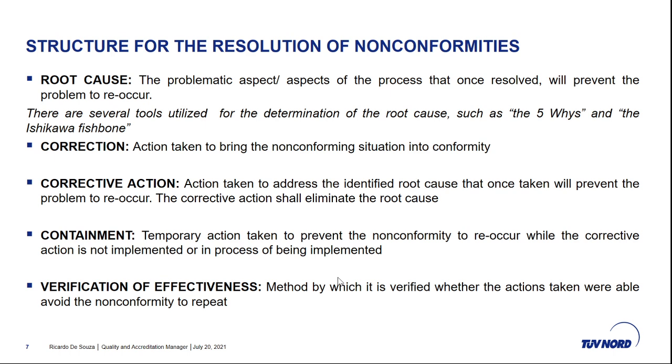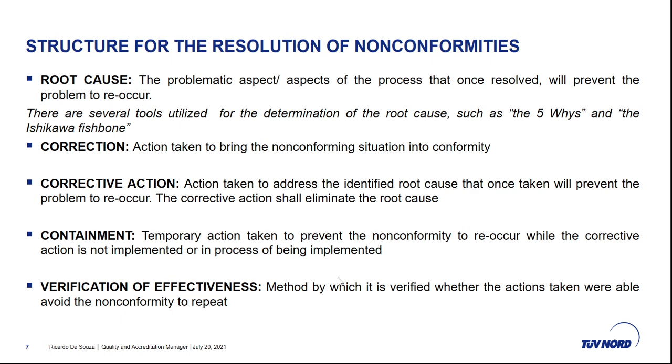The first thing that we need to do, that is required by the accreditation bodies, and that we require our customers to do as well, is to identify the root cause. The root cause is the problematic aspect or aspects of the process that, once resolved, will prevent the problem from reoccurring.